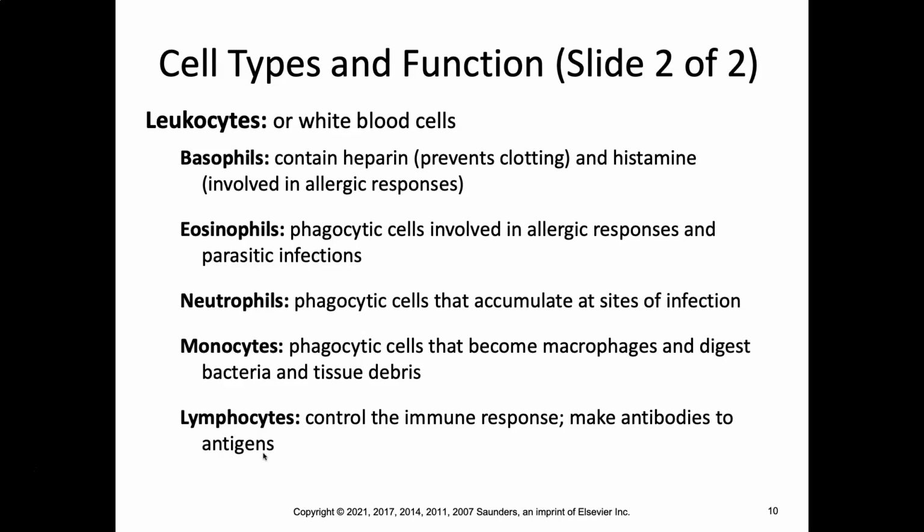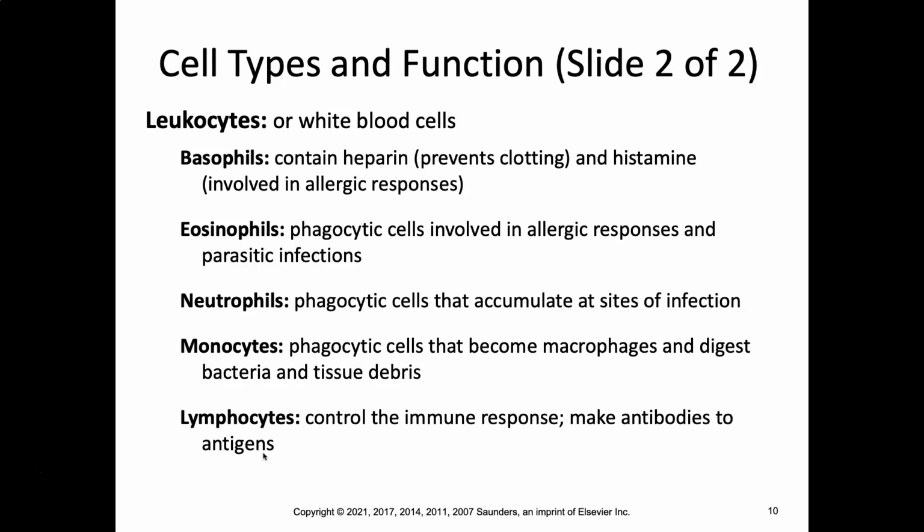Eosinophils have phagocytic cells that are involved in allergic responses and parasitic infections. Your neutrophils also have phagocytic cells, and they accumulate at sites of infection. Monocytes are also phagocytic cells, those become macrophages, and they digest bacteria and tissue debris.